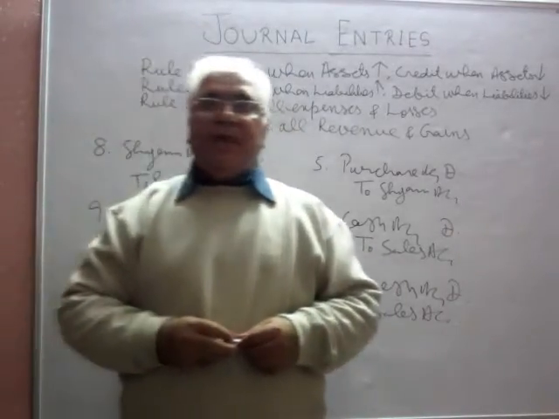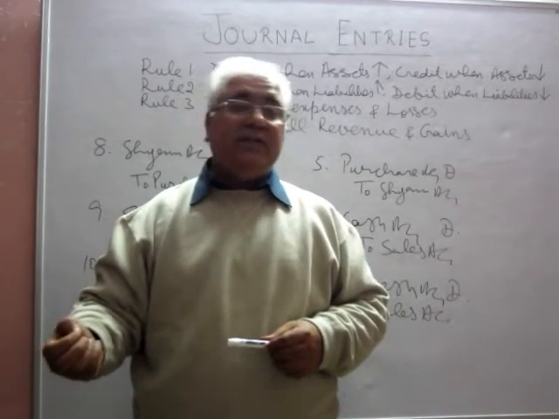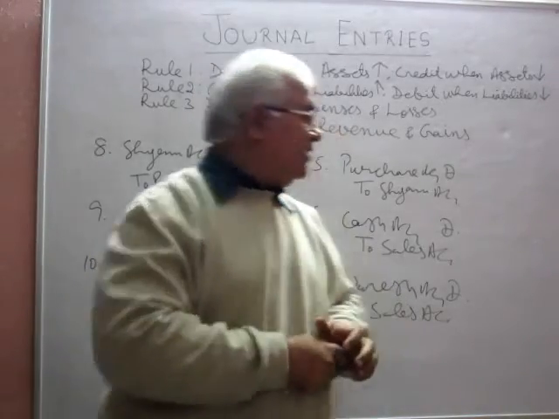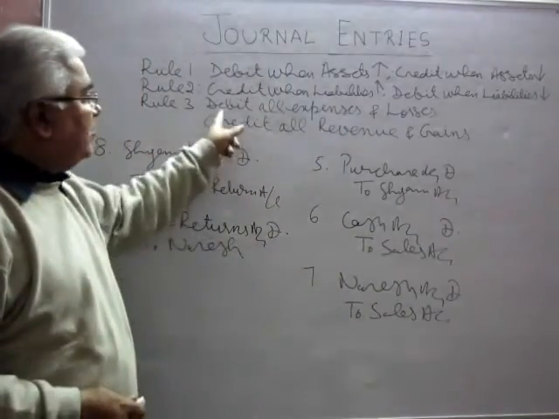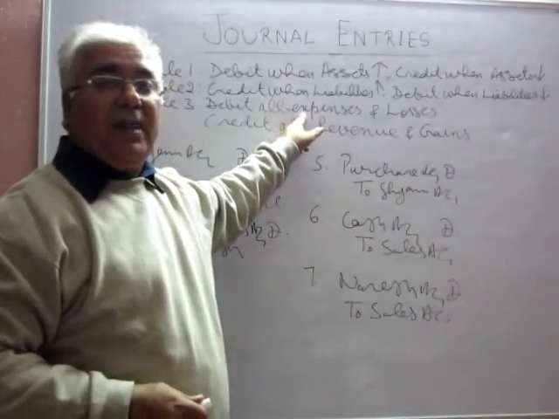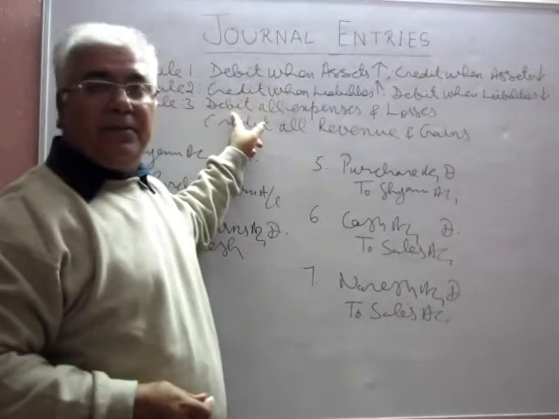Now, if we make payment of rent through check, in this case, we are paying rent. Rent is an expense account, and for expenses, the rule is debit all expenses whenever they are incurred. So, if we are paying rent, then rent account will be debited.